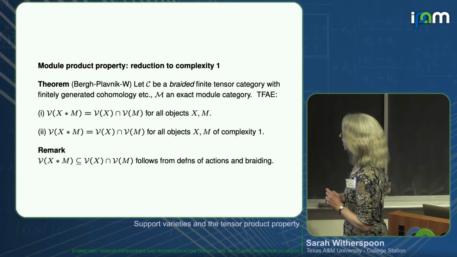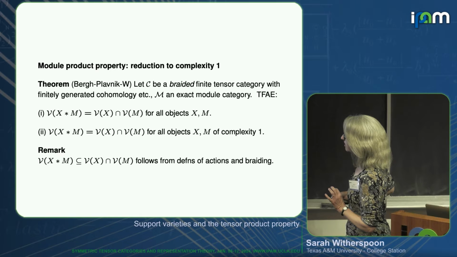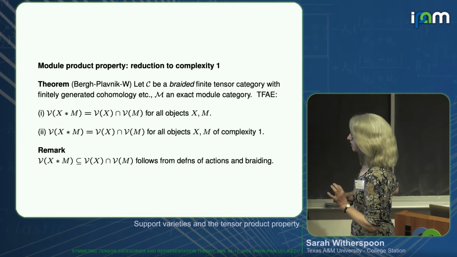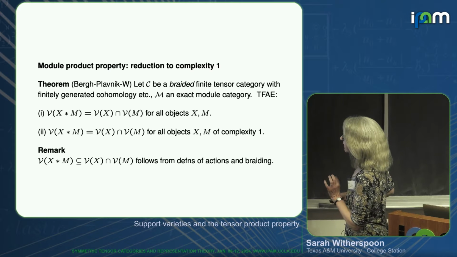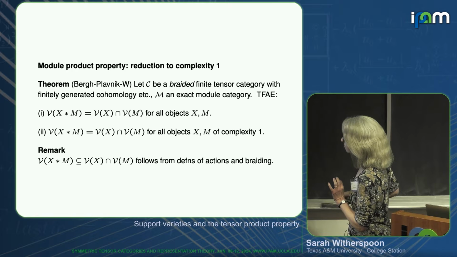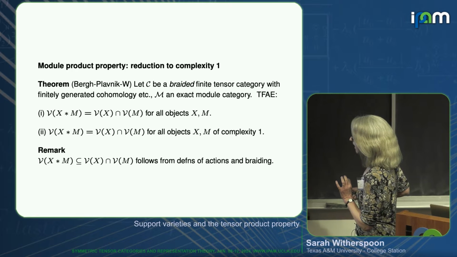Yeah. Maybe before I get to detecting projectivity, as Pavel is saying, just a quick remark is that containment in one direction is fairly quick. I mean, it's the other direction that has to be proven. So the variety of X star M is contained in the variety of X intersect the variety of M. This just follows from the definitions of the actions and the braiding.